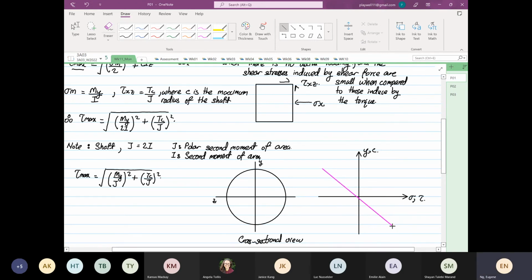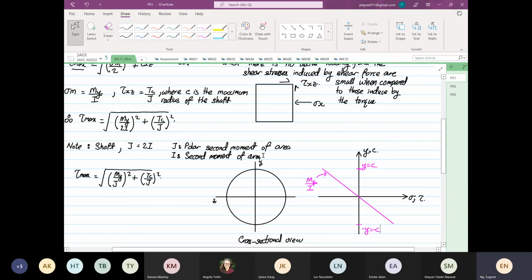So this is our normal stress profile, and this is correlated to My over I. At this point, our magnitude Y is equal to our magnitude C. Likewise for this point, so minus Y is equal to minus C.